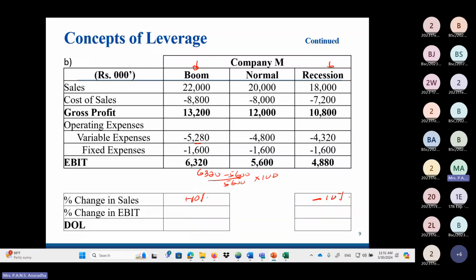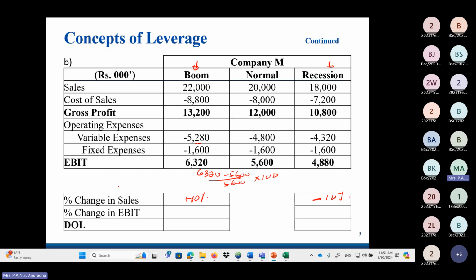Is it 12.8? Yes, right. So the percentage change in EBIT is approximately 12.8.